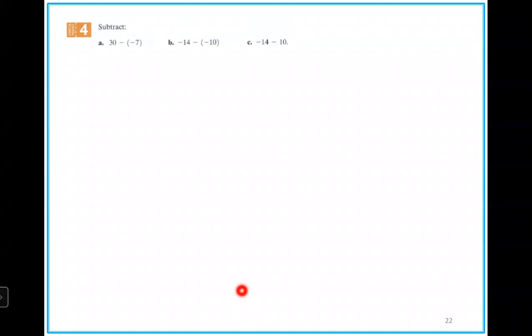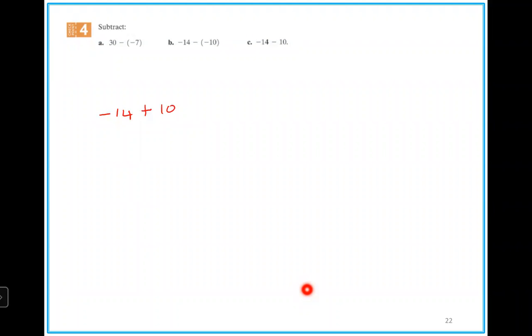Okay. So with B, it's going to be -14. And if you're using the additive inverse, you're going to change that to a plus. And the additive inverse of -10 is what? +10. So it's just going to be -14 plus 10.